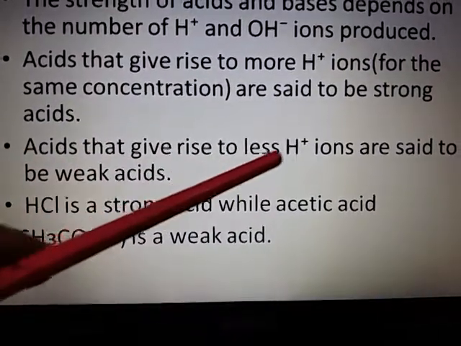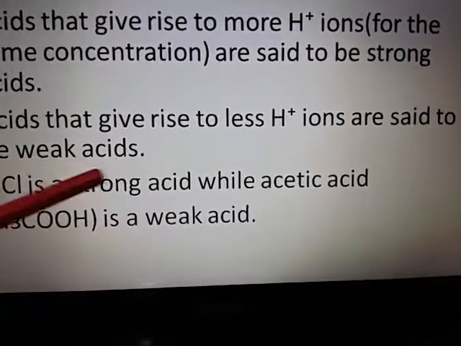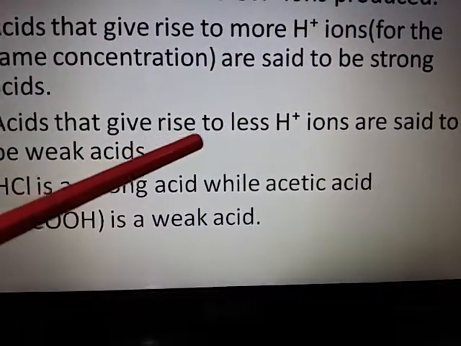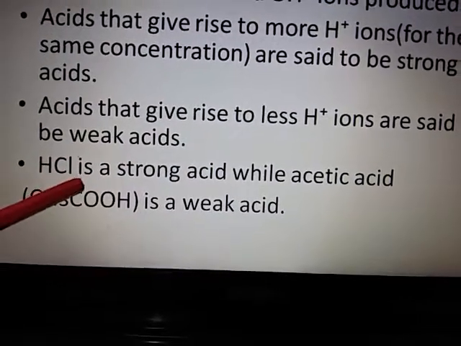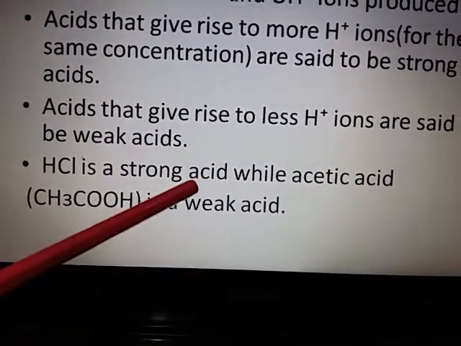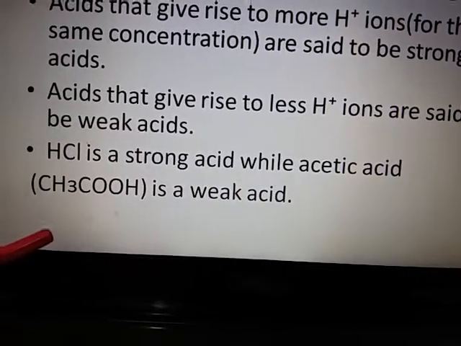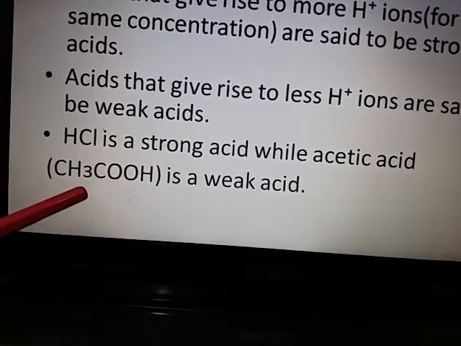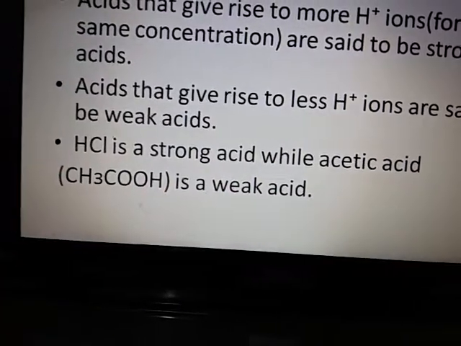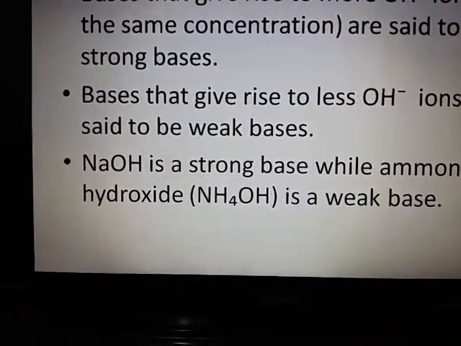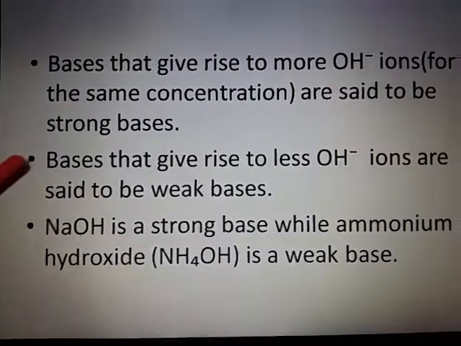And acids that give fewer H plus ions in their aqueous solution are said to be weak acids. For example, HCl is a strong acid, while acetic acid, also known as vinegar or ethanoic acid, is a weak acid. Now examples of strong bases and weak bases.